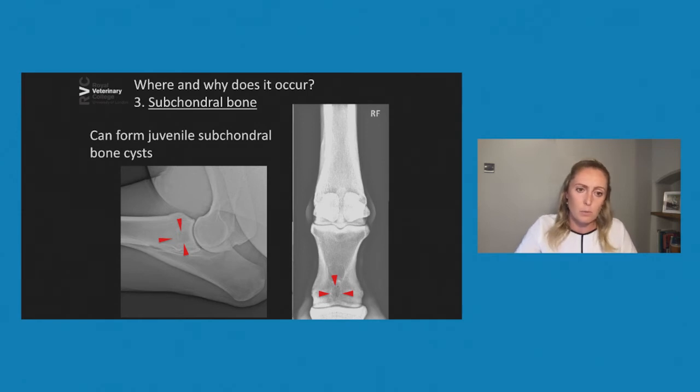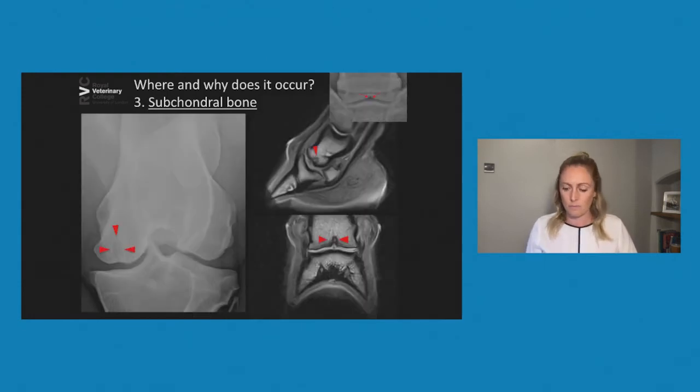So in these X-rays, we've got a large bone cyst associated with the elbow joint in the proximal aspect of the radius, one in the distal aspect of the proximal phalanx, likely associated with the proximal interphalangeal joint, and again, one in the medial femoral condyle on the left. Now, MRI can help us gain more information about how these subchondral bone cysts are communicating with the articular surfaces.